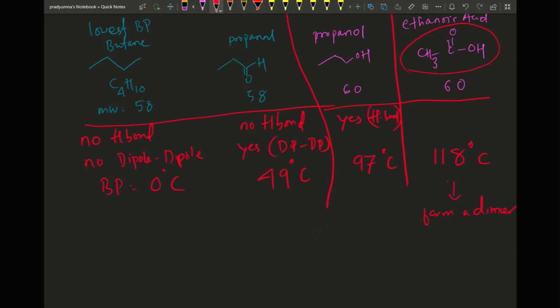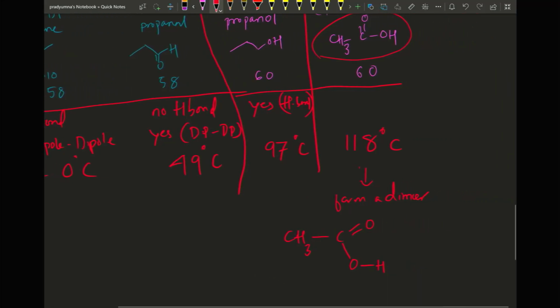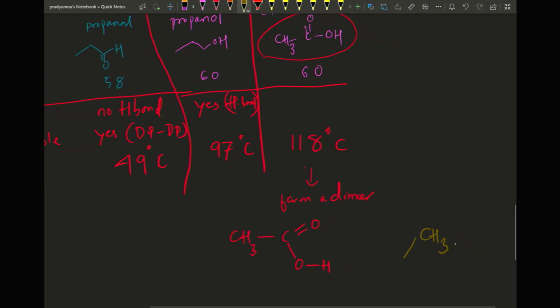So what is a dimer? So here is what happens. Let's say this is CH3COOH.